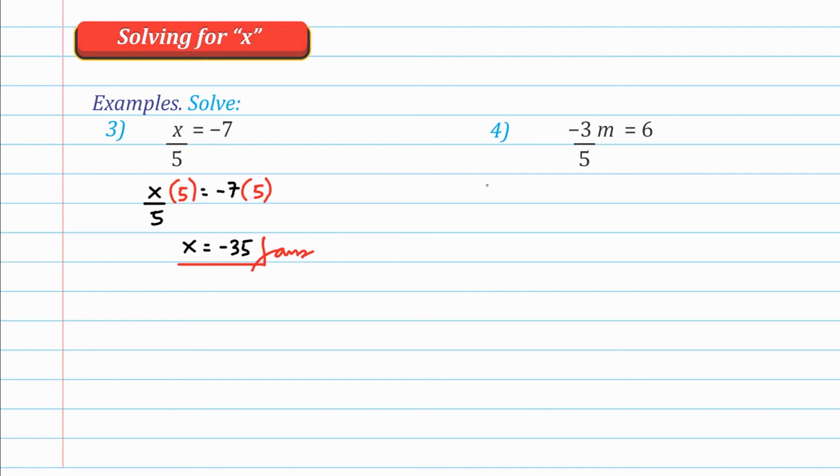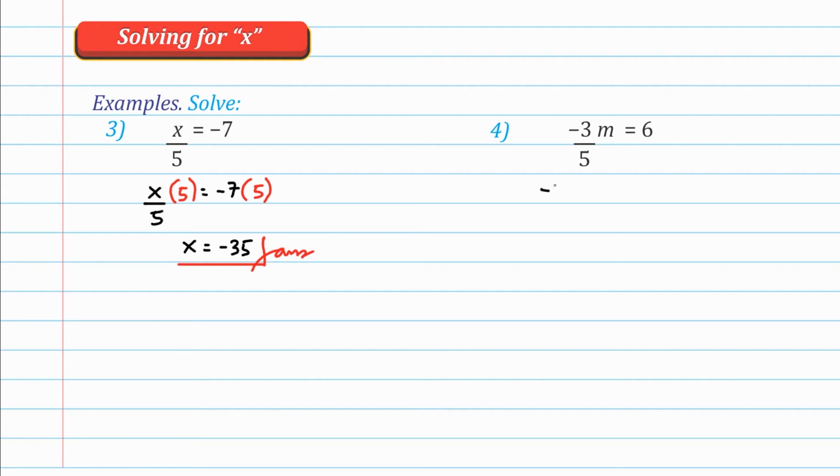Now, let's look at example number 4. We have negative 3/5 m equals 6. Now, what makes this different is we now have two numbers here, one in the numerator and another in the denominator. We want to remove the whole negative 3/5. To remove that, let's look at them separately.